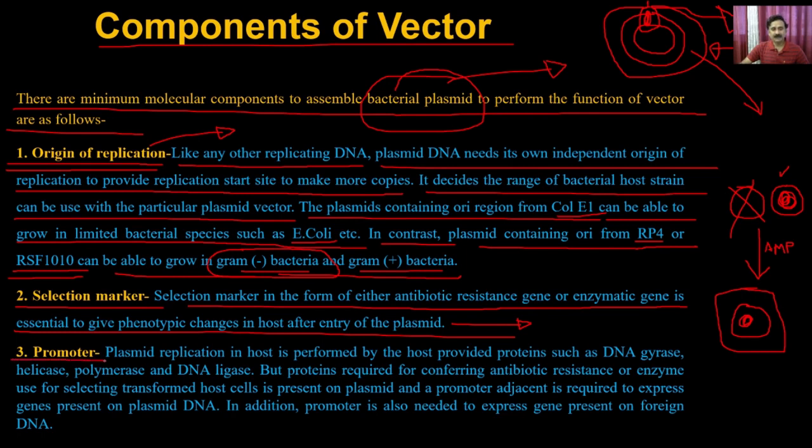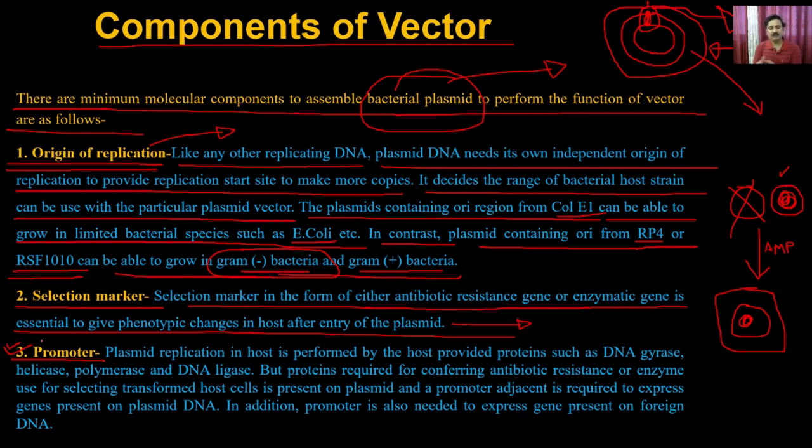Then the third is the promoter. The promoter is a region which allows the binding of the expression machinery. For example, the promoter allows the binding of the RNA polymerase and other factors.